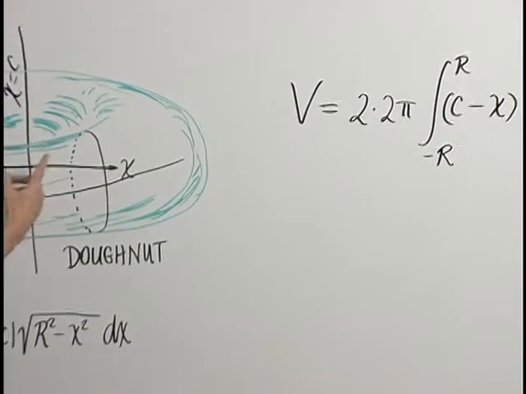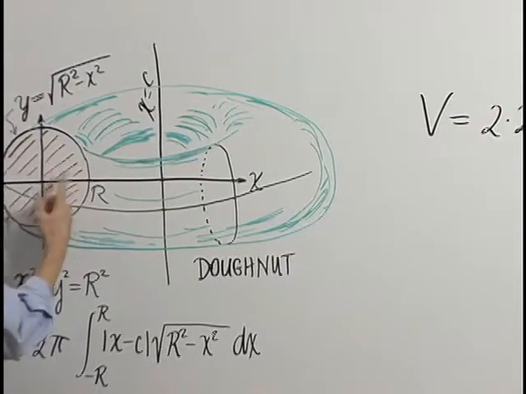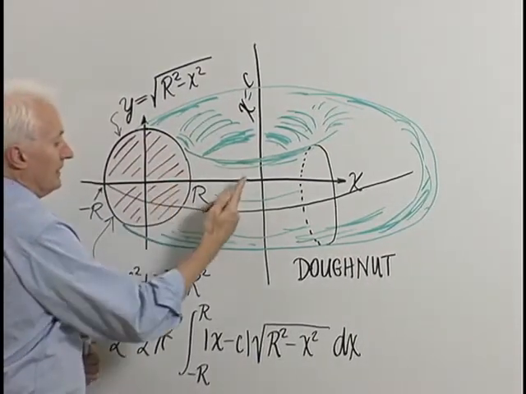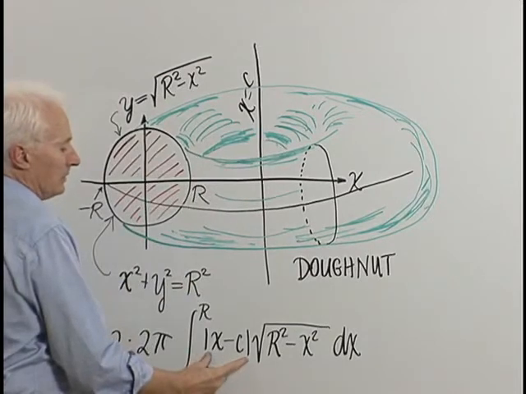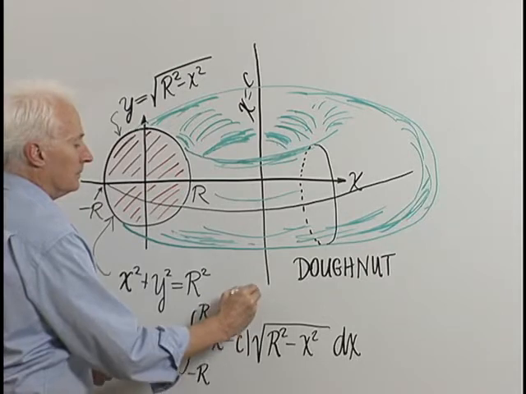In the first place, notice that since c is to the right of the disk, for any x in the disk, the absolute value of x − c is c − x.